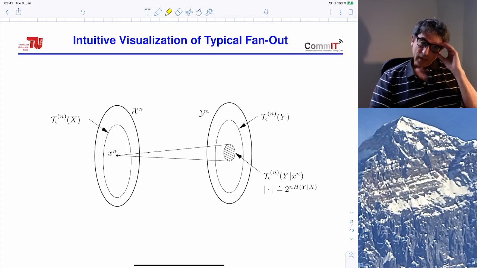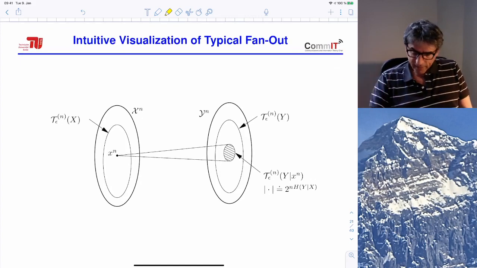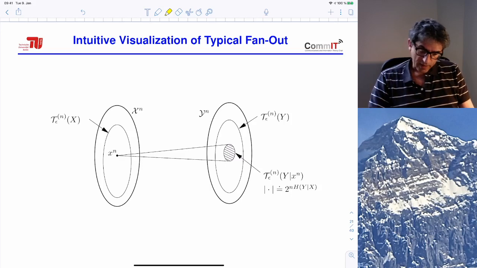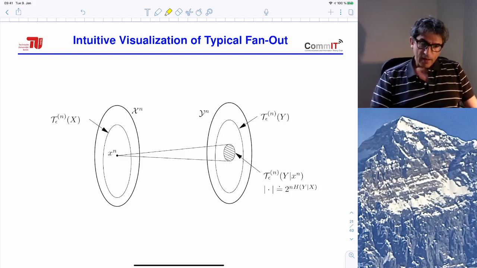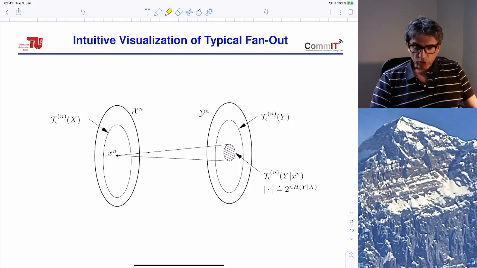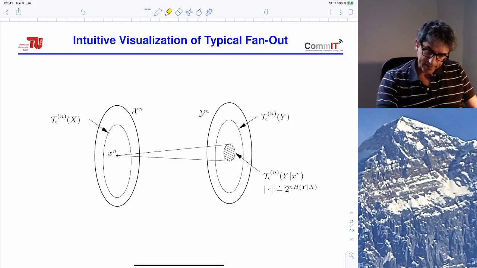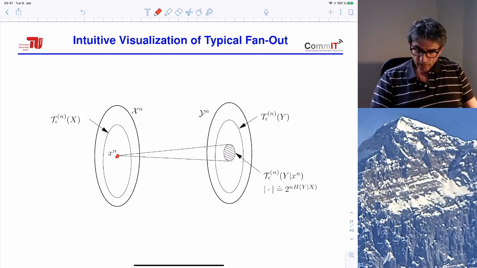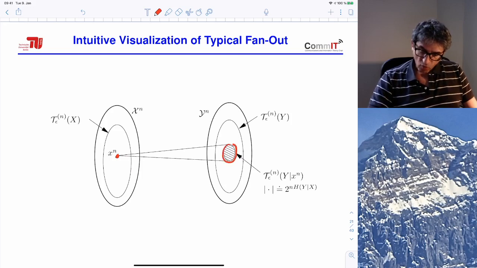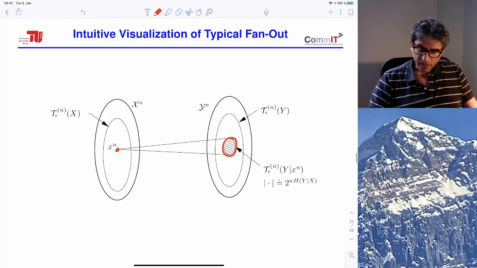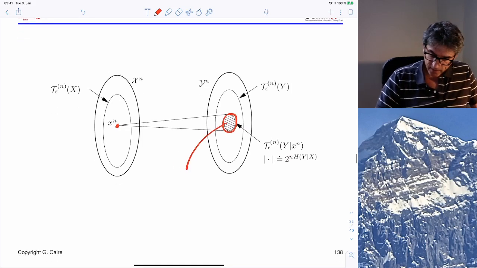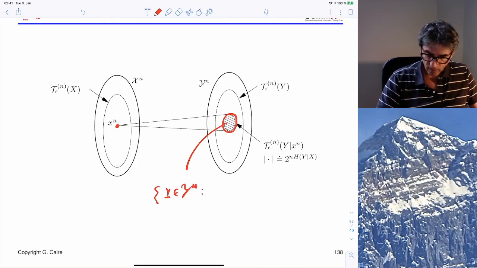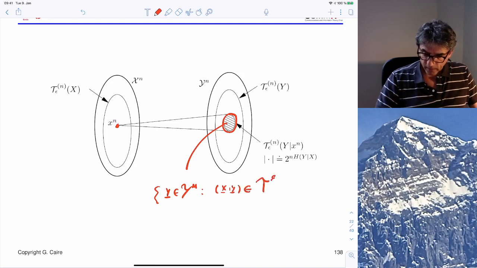And the other idea that this chart visualizes is the following. We have seen before with the conditionally typical set that if I pick a typical X, there exists a subset of Y's that are jointly typical with X. This is the subset that we have defined: all the sequences Y over the alphabet Y such that X and Y are jointly typical.